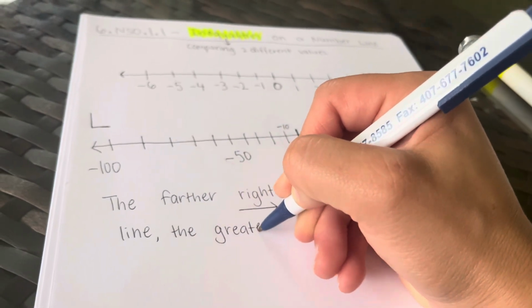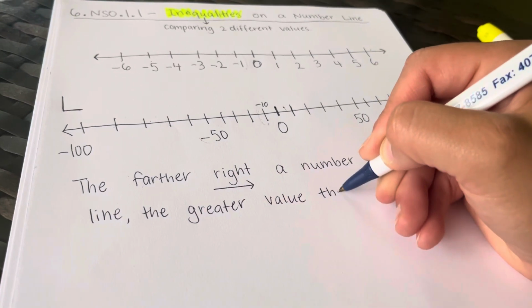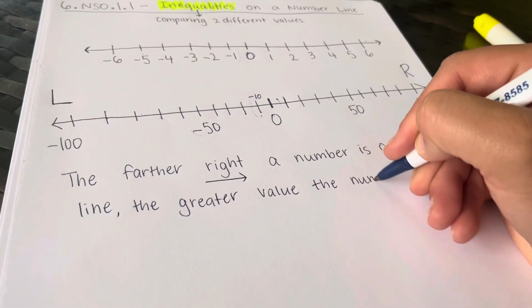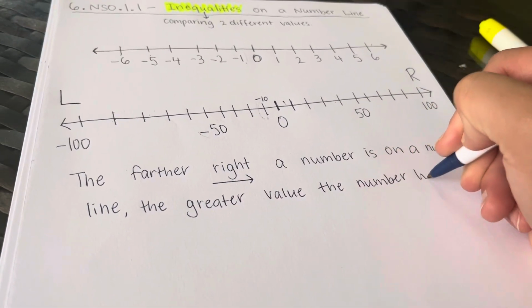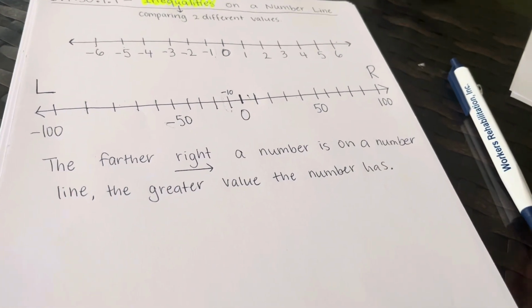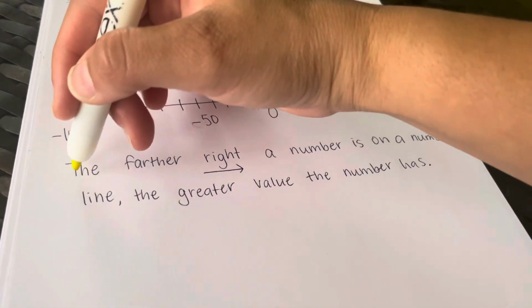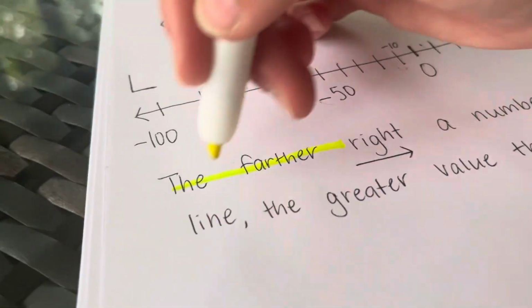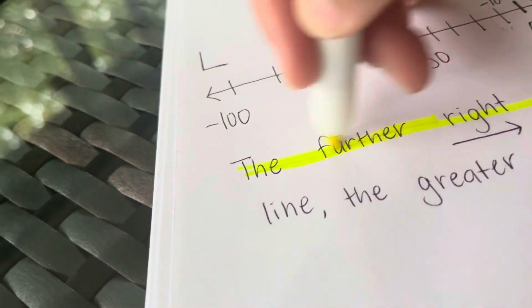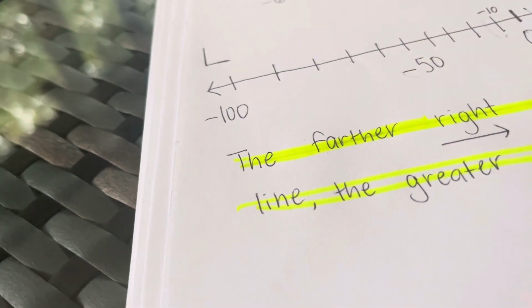The greater value the number has. The farther right a number is on a number line, I'm going to highlight this whole sentence, the greater value that number has.